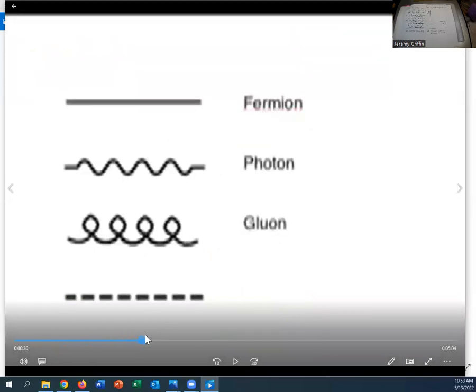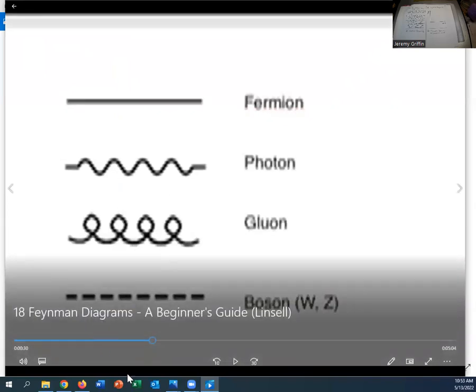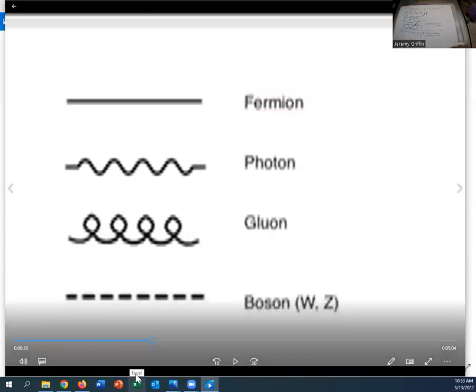Here we go. I'm going to copy down that key right there, and also an example of one of these diagrams. So what do we got? A straight line we call a fermion, which you guys remember from yesterday could be a lepton or a quark. There are 12 of those elementary particles. That wavy one is a photon, which you guys know is electromagnetism, light, for example.